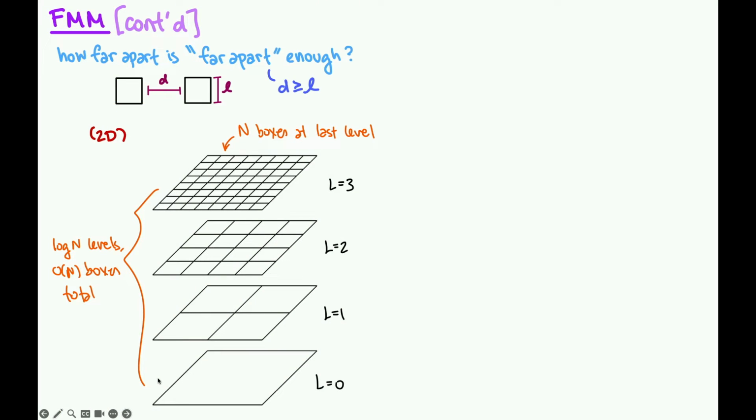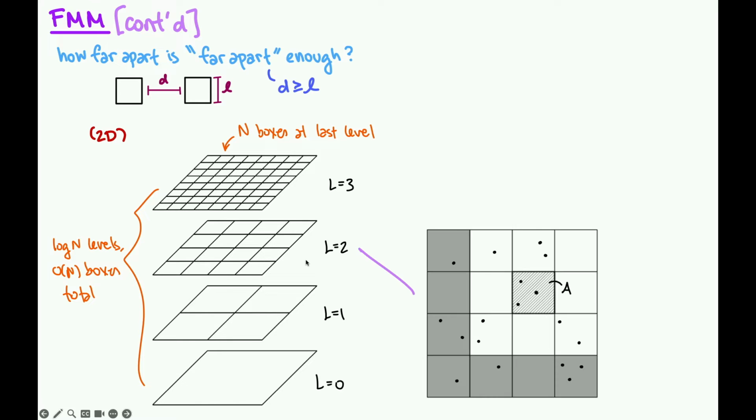Okay, so now let's look at how the approximation from the previous slide is systematically applied. At levels 0 and 1, there's really nothing interesting to be done, because at level 0 you just have 1 box, and at level 1 you have 4 boxes, but the boxes are all next to each other, so they're too close for us to use this approximation.